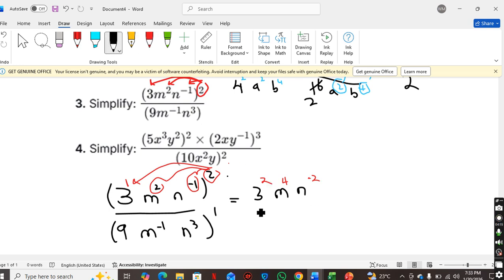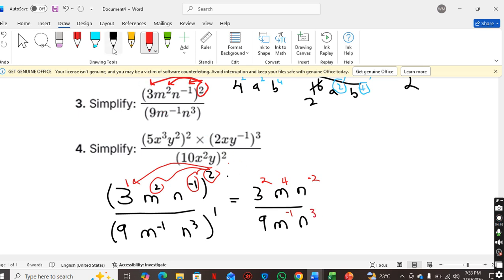Then below, since it's raised to the power 1, everything will just remain the same here. So here we have 9m to the power negative 1 n to the power 3.